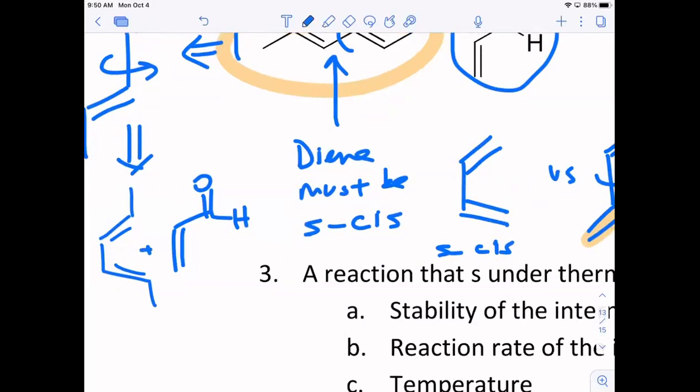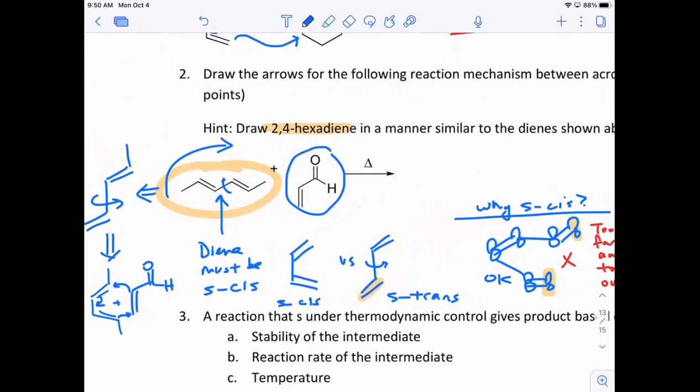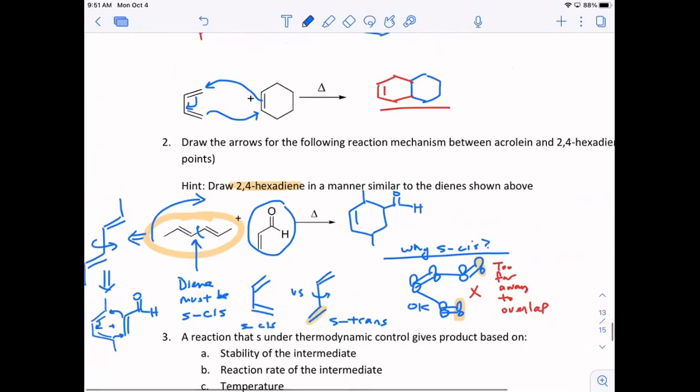So same arrows here, here, and here, like so. So that's going to give me a six-member ring product. Any questions about that particular reaction?